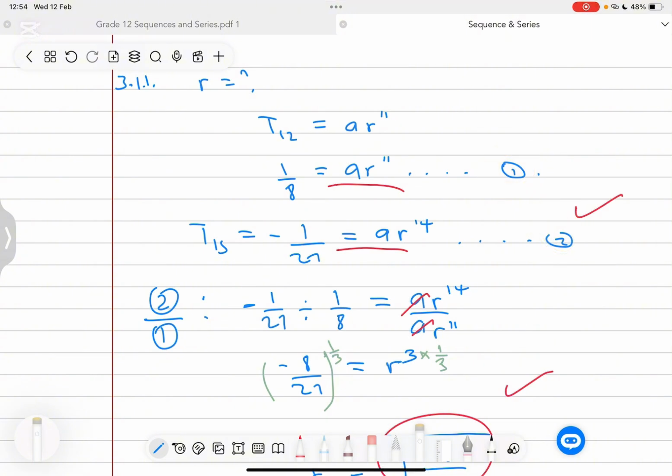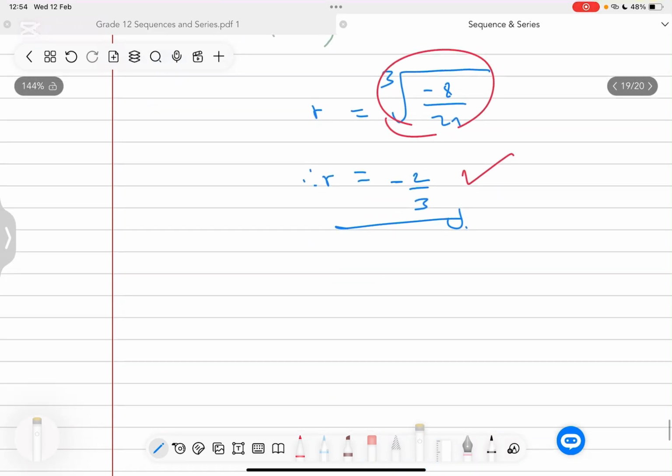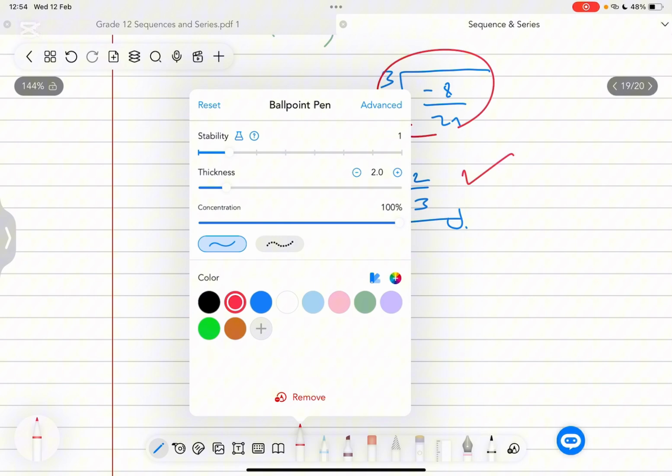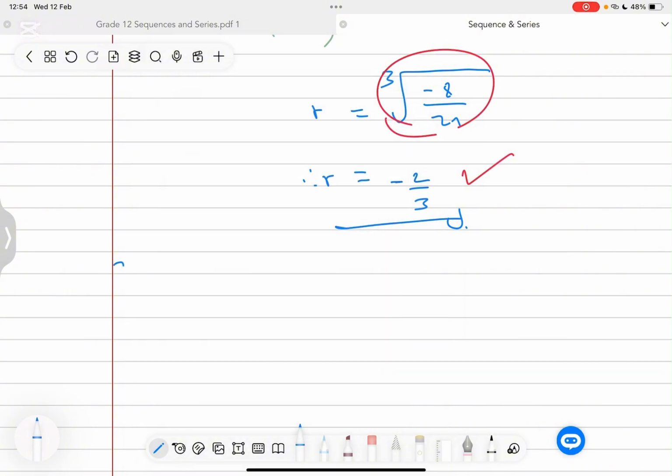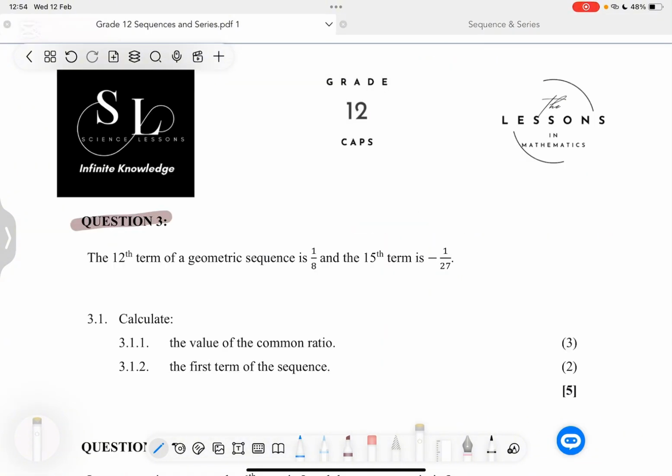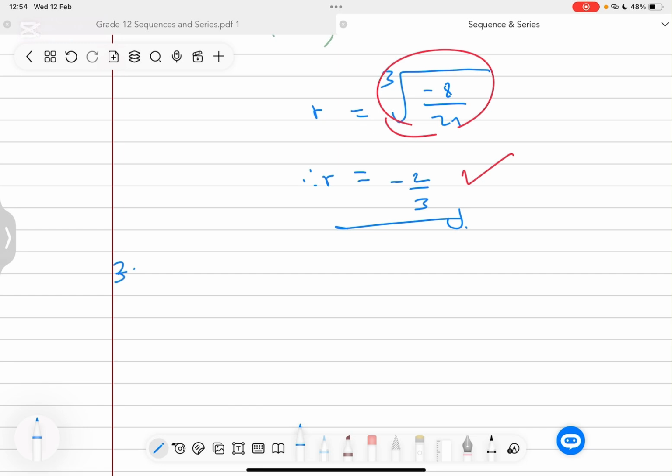I'll just go with equation 1 in my case. So here we are doing 3.1.2. I'll say here from equation 1, we know that 1 over 8 is actually equal to a r to the power 11.